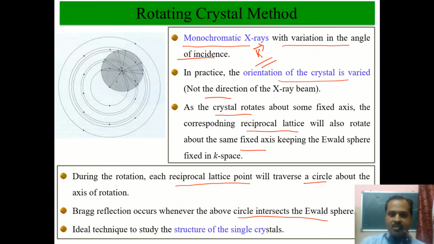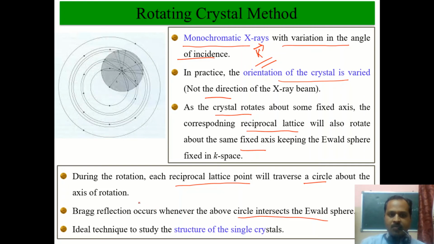So by changing the reciprocal lattice direction, we make a particular circle, and whenever it intersects the Ewald sphere, the Bragg reflection will take place, and we can record that.